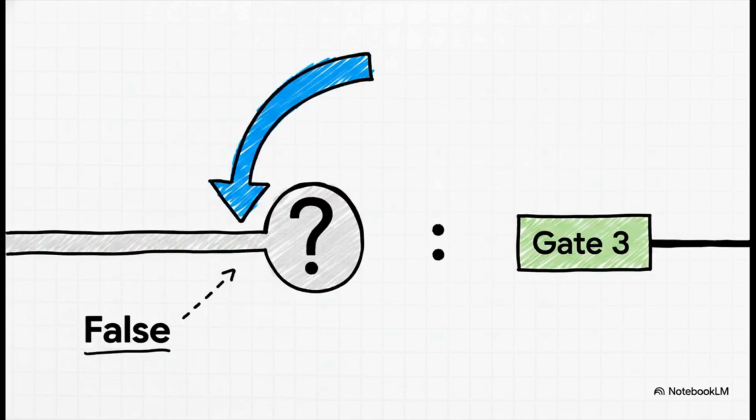But wait, what if the condition evaluates to false? Well, in that case, the program completely ignores gate 2. It doesn't even glance at the true expression. It skips right over it, jumps straight to the colon, and executes gate 3, the false expression. That colon basically acts as a massive divider between what happens when things are true and what happens when things are false. It is just so incredibly clean.